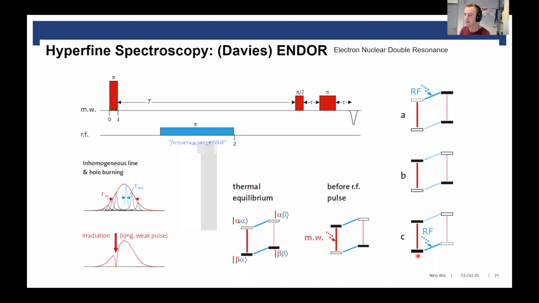And also if you hit the other transition, you will have an effect on the electron spin intensity. So I think this is quite good to follow. It's really just shuffling polarizations. And you have to generate this non-equilibrium state so that the RF pulses actually do anything. And so this microwave pulse has to be selective. You cannot use a broadband pulse. It has to be smaller than your hyperfine coupling. This is the point.